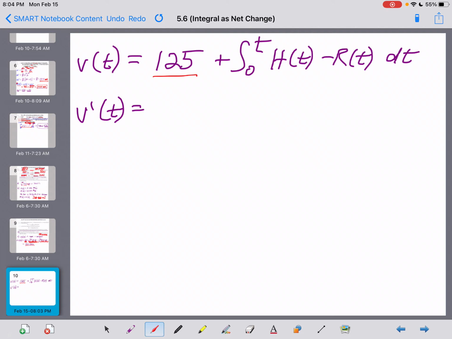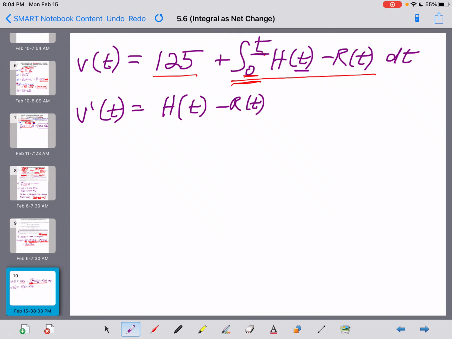And the derivative of this function right here, we're taking a derivative with respect to t of a definite integral with a constant on the bottom and t up on the top. Guys, that's Fundamental Theorem of Calculus part 2. The derivative and the integral cancel each other out, and I just get h of, and normally there would be a variable change, but that one goes from t to t again. So this is just h of t minus r of t.